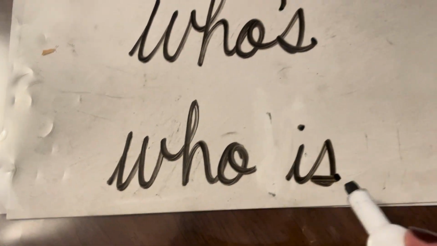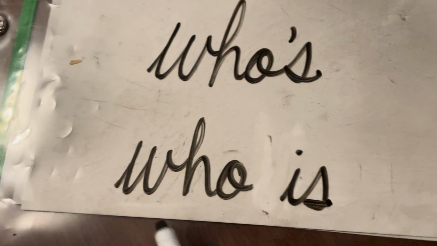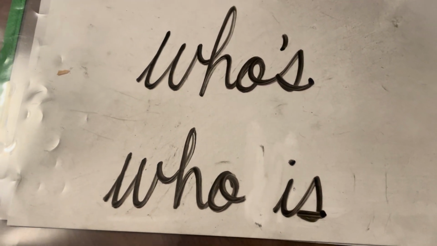Next is the word who's. Who's. Like, who's coming to dinner tomorrow? 3, 2, 1, and 0. Who's stands for the two words who is, because in my sentence I could say who is coming to dinner tomorrow.